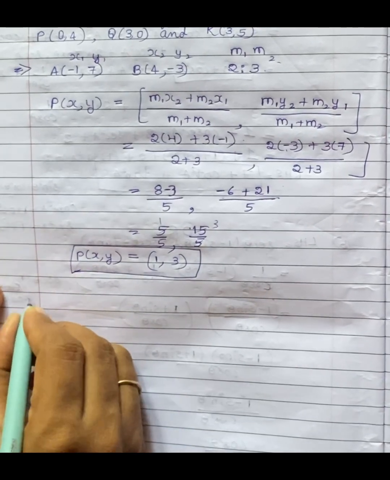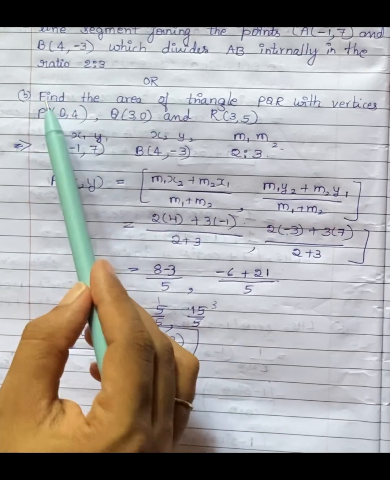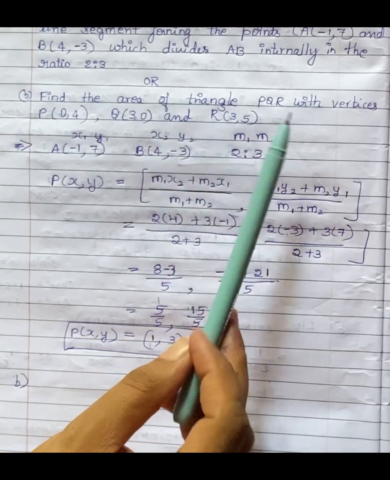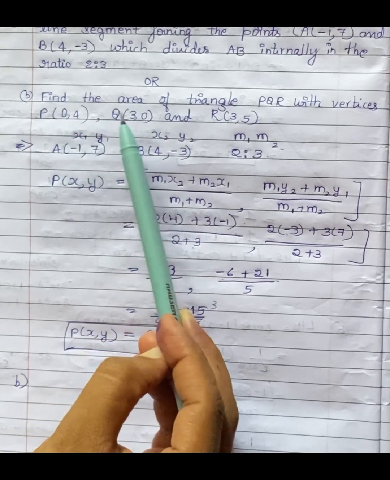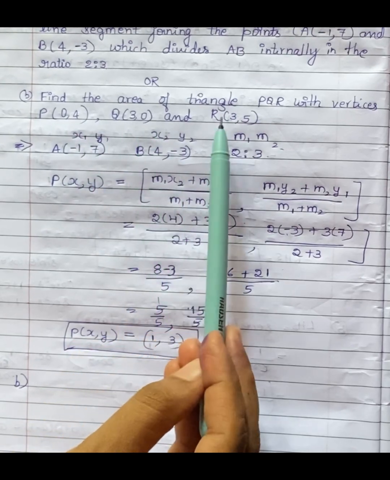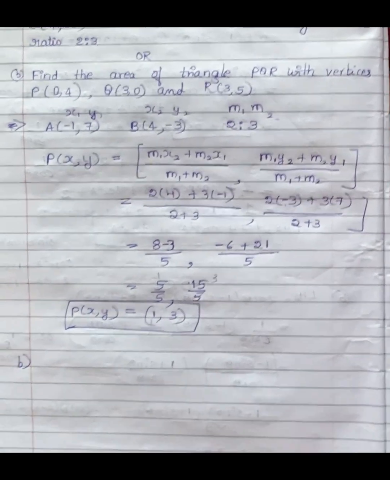Now I'll start with the B question. The B question says, find the area of a triangle PQR with vertices P(0, 4), Q(3, 0) and R(3, 5). Now we need to find the area of this triangle. So how do we find it? What is the formula for this? We have the 3 vertices.